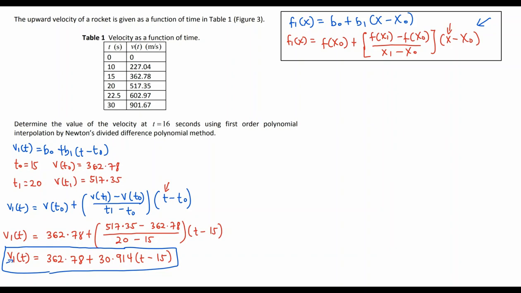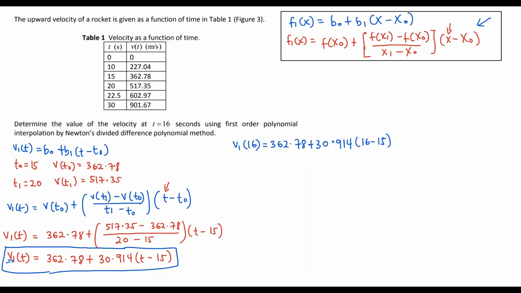Now let's find the velocity at time t equals 16 seconds. That's going to be v1 of 16, which is 362.78 plus 30.914 multiplying t minus 15. Sorry, our t is now 16, so let's put it there: 16 minus 15.